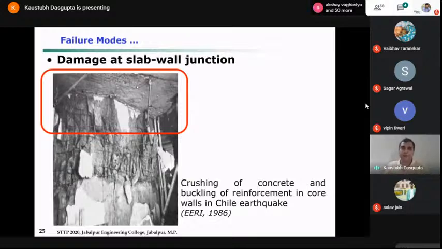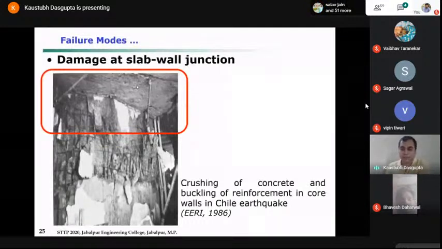So at different floor levels, there is sharing of stresses, sharing of forces between the wall and the slab as well. The inertia forces are generated in the slab, they are transferred to the wall. But at the same time, there is some redistribution also. So the junction part can get damaged. That's what has been observed in case of one building, Chile earthquake.